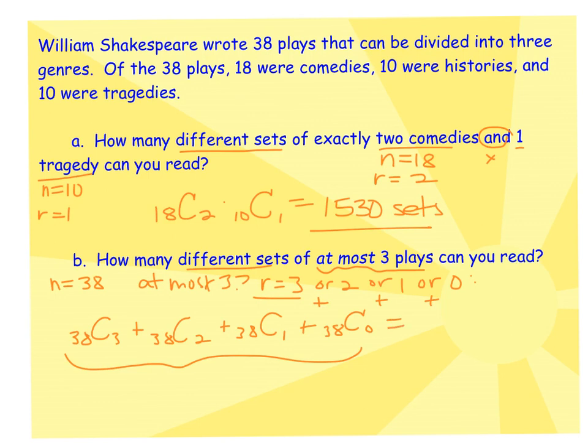Again, the more you do this, the better prepared you'll be to do this independently on your assignment. Entering this all in, you should get a total of 9,178 sets of at most 3 plays that you could read. And that's using combinations in 10.2, Day 1.